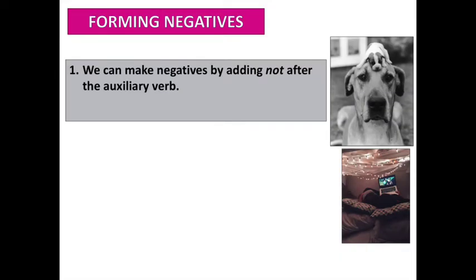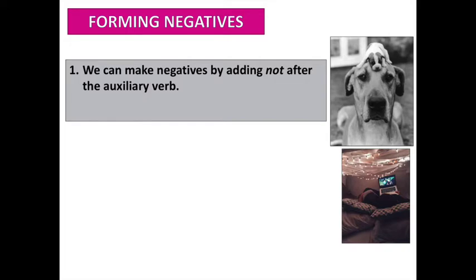So we can make a negative sentence by adding not or the abbreviation n't after the auxiliary verb. And remember, some tenses, like present simple or past simple, do not have an auxiliary verb in a positive sentence.